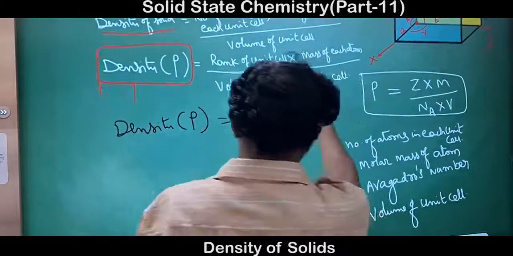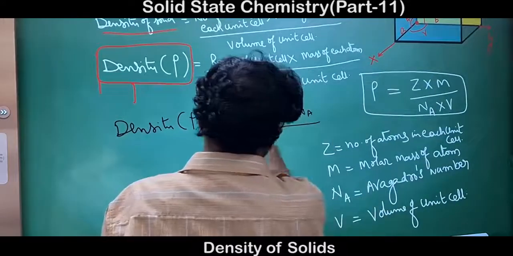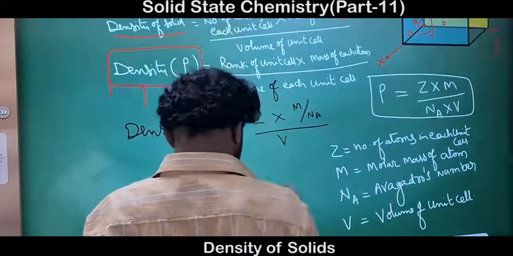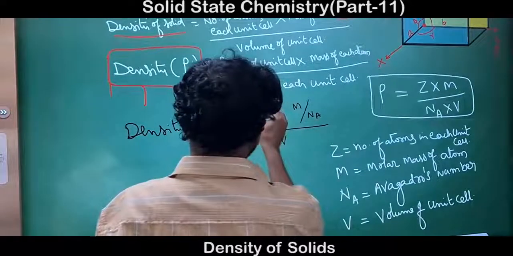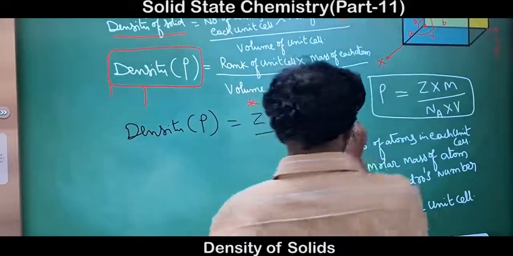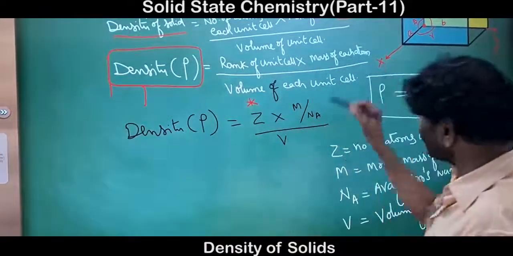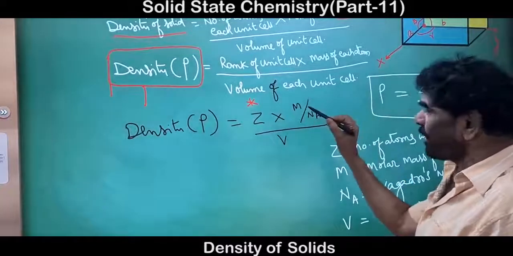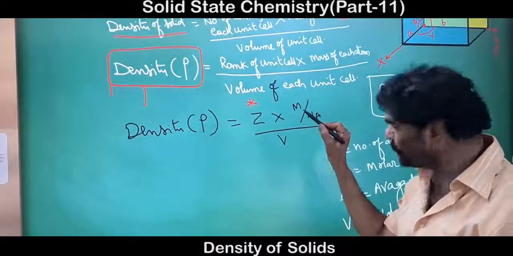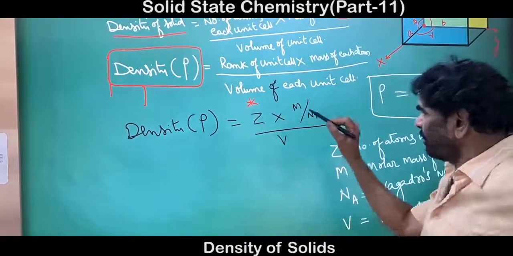Now we are writing in terms of the rank, the number of atoms involved. Normally we represent it as Z. Z is representing the number of atoms. The mass of each atom or each lattice point is the molar mass of the atom or lattice point divided by the Avogadro number.